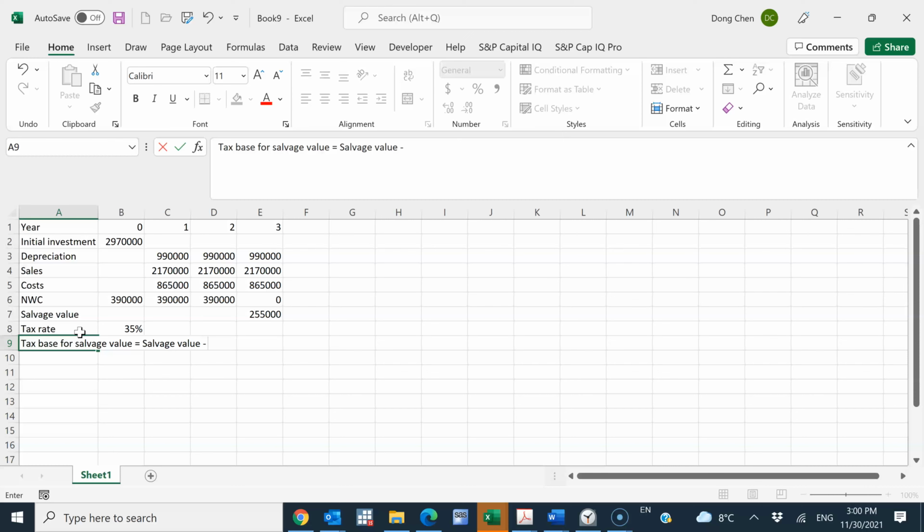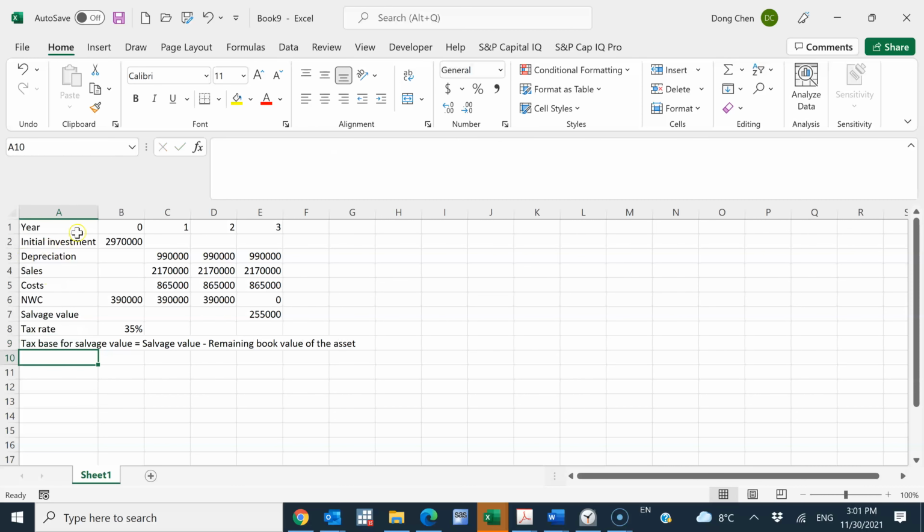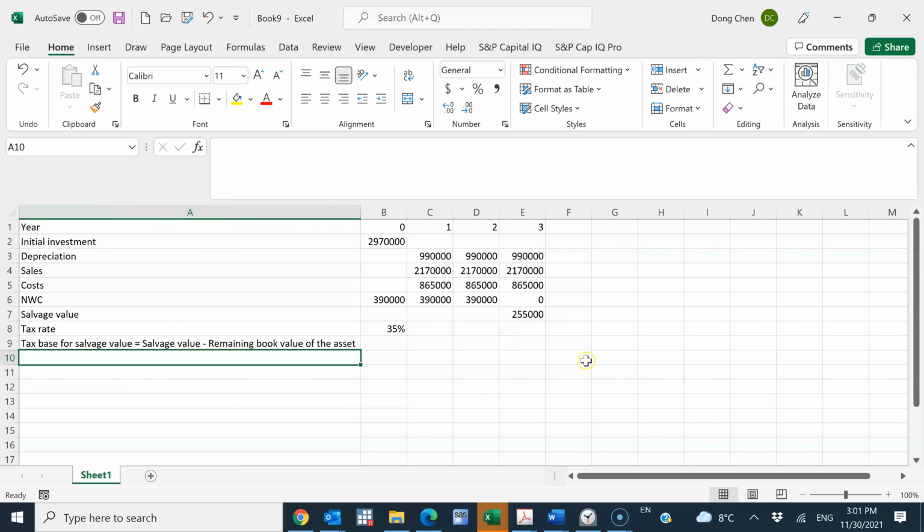But then, as we said, the firm needs to pay taxes on that. The tax base will be the difference between the before-tax salvage value and the remaining book value of the asset. That's the tax base basically.